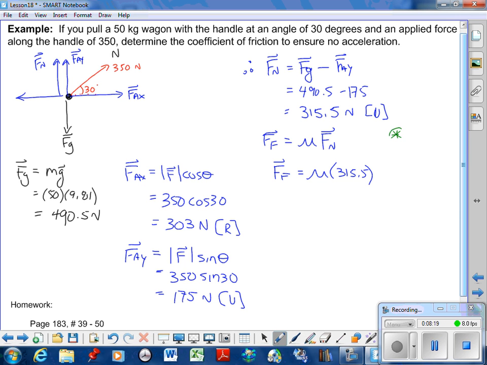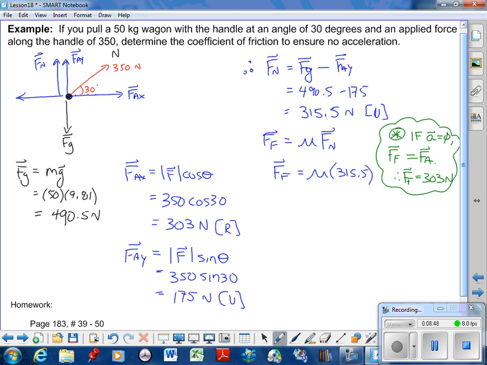Off to the side here, I'm going to do a note for you when you look back at this. If acceleration is equal to 0, then force due to friction must equal the applied force. Okay, so therefore, our force due to friction for this question would have to be the 303 newtons.